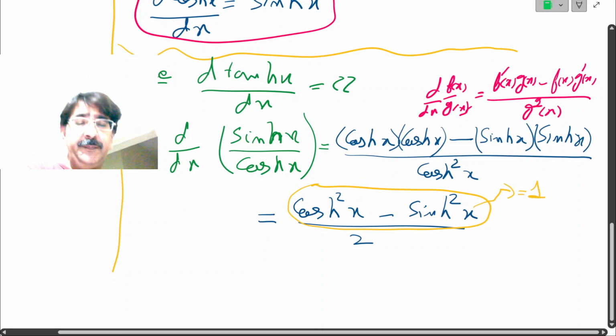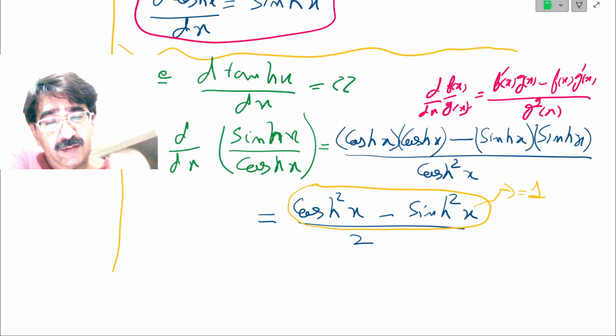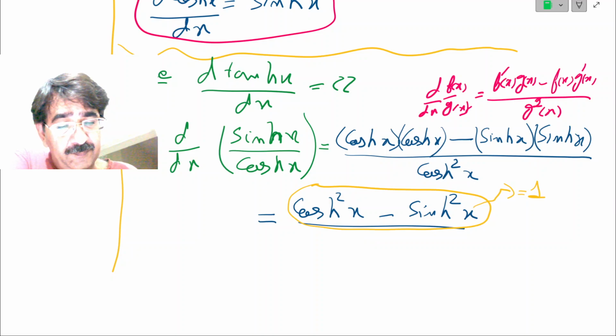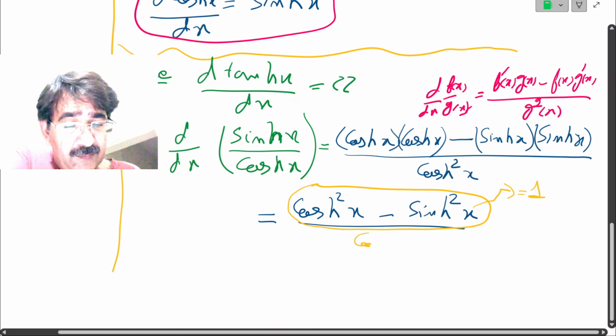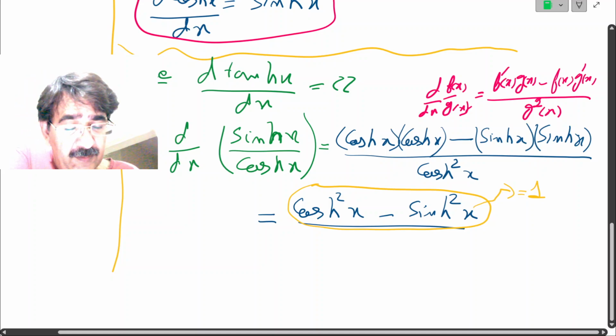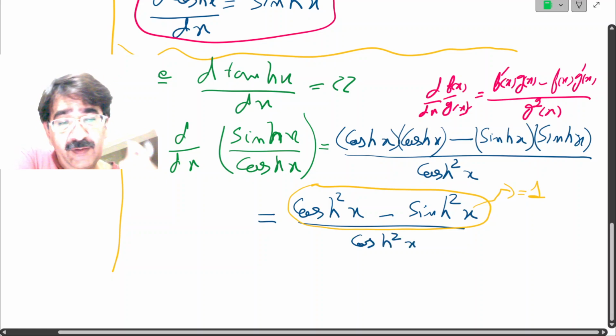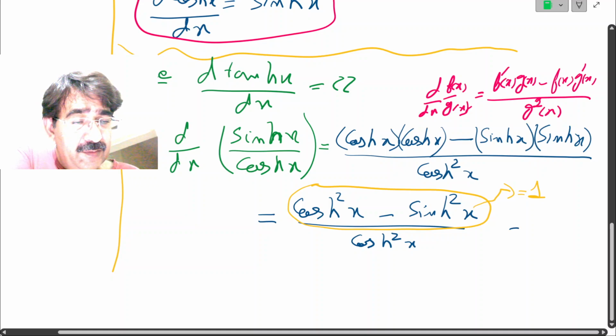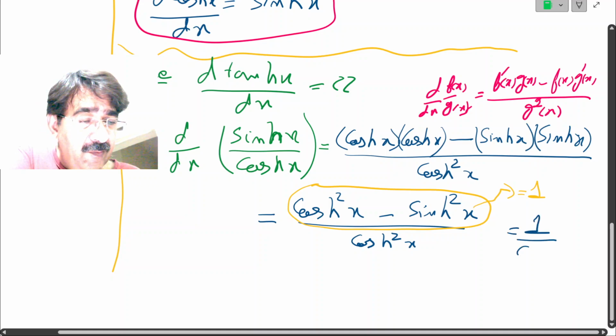This is a formula. So the answer will be 1 divided by cos hyperbolic square x.